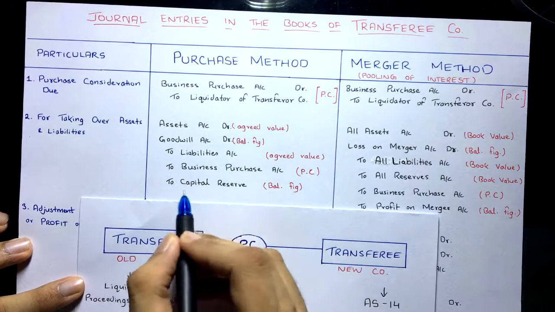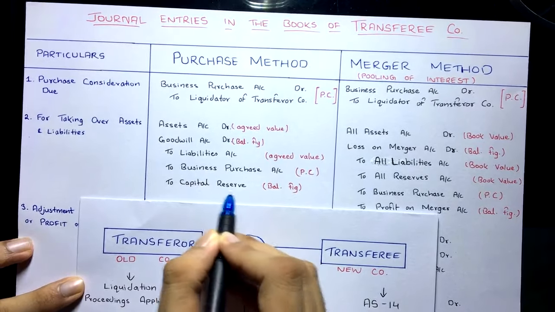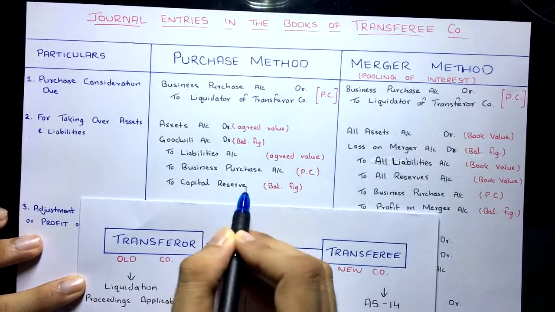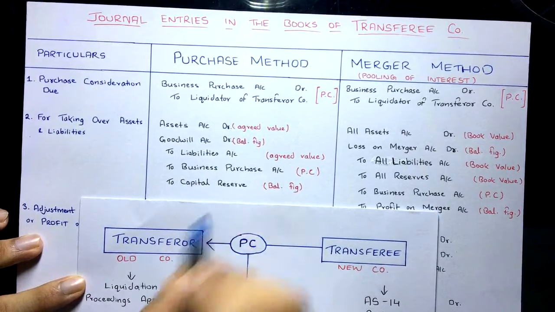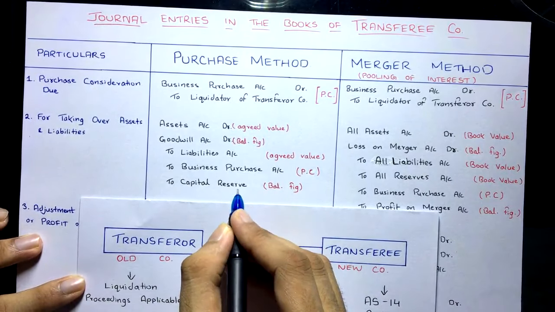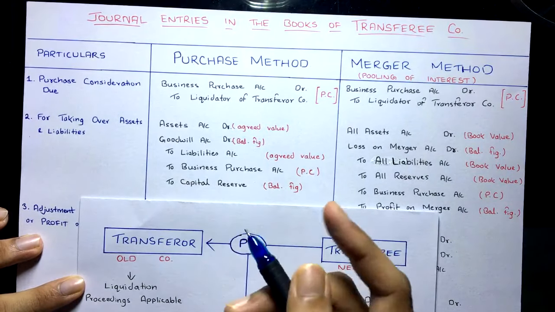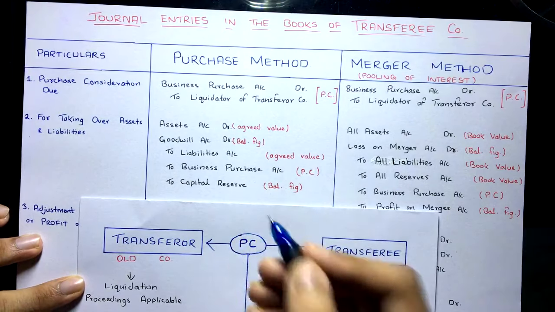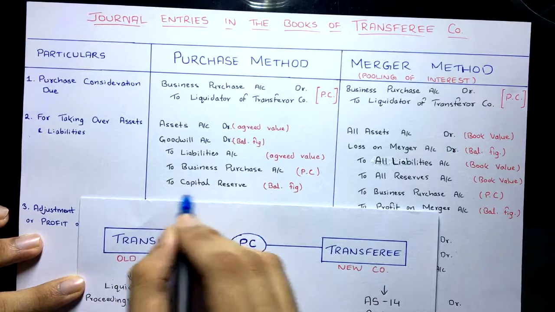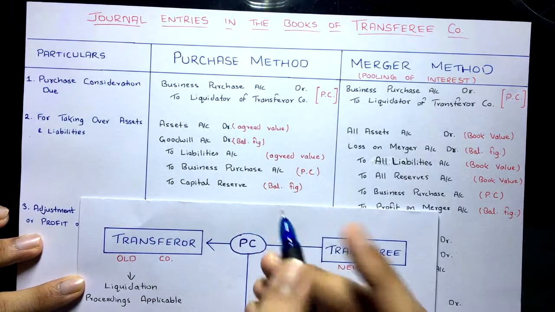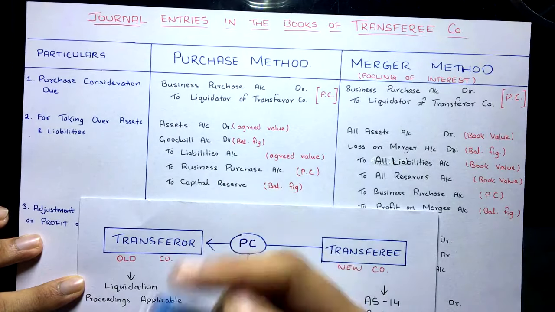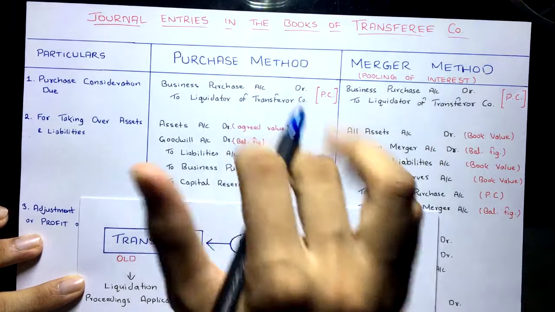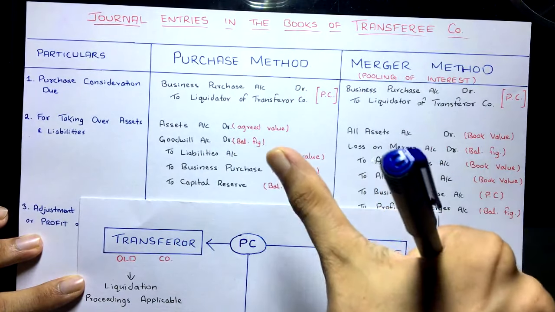Yes, there will be a balance on the credit side. And if there is a balance on the credit side, then it will go to capital reserve, because that gain is not some normal gain. No, it happens very rarely, right? It's a non-recurring thing. So that has to go to capital reserve, that gain on business purchase. Okay, you have made a profit, right? You have paid only 5 and you have got net assets of 6 lakh.